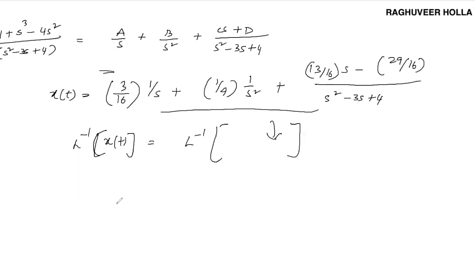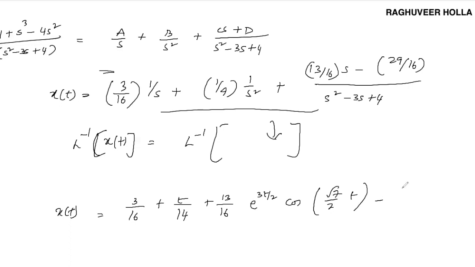And then finally we get x of t as 3/16 plus t by 4 plus 13/16 e to the power of 3t by 2 cos of root 7/2 into t, minus 19/32 into 2 by root 7 e to the power of 3t by 2 sine of root 7/2 into t.